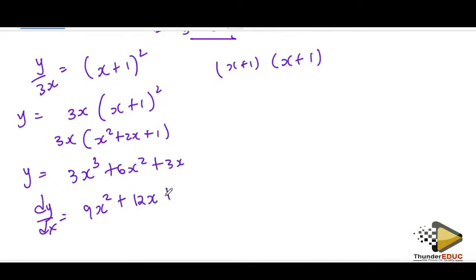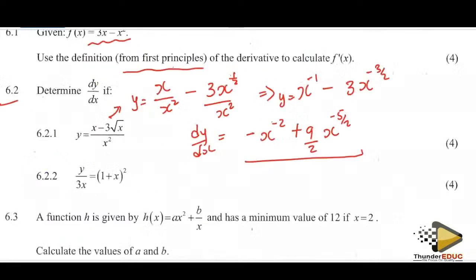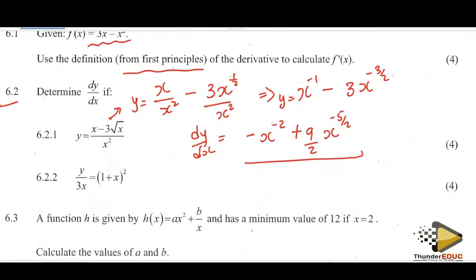Reduce that, and then that will reduce to a 3. So that becomes our final answer: 9x squared plus 12x plus 3. Now, guys, the order does not really matter. Whether the 3 comes first, or the 12 comes first, it doesn't matter, unless the question told you that you must give it in a particular form.